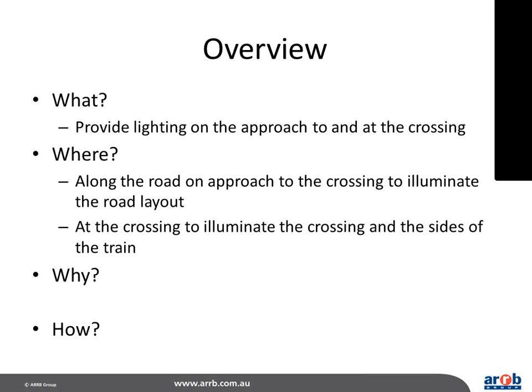And in some rural locations, you might have trains that are stopped for a period of time for shunting operations, where you might have freight trains. They may dismantle a few carriages, so they may stop at the crossing, and the lighting at the crossing gives drivers a chance to observe that a train is stopped at the crossing. The lighting helps to illuminate the sides of a train.